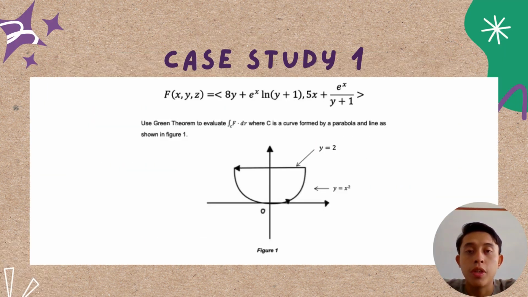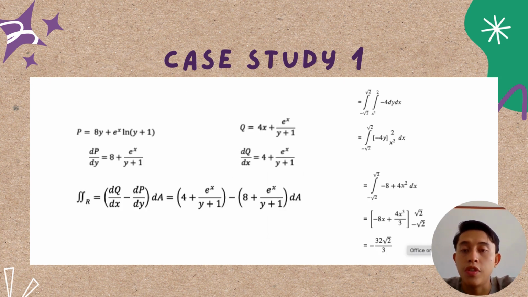So today in our case study 1, we have a curve C formed by a parabola and a line, shown in figure 1. Our vector field is 8y plus e^x ln(y+1) and 4x plus e^x over y+1. The left-hand component of the vector field is P, which is 8y plus e^x ln(y+1).